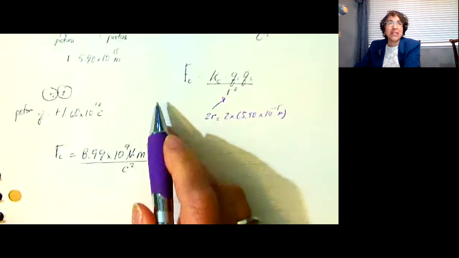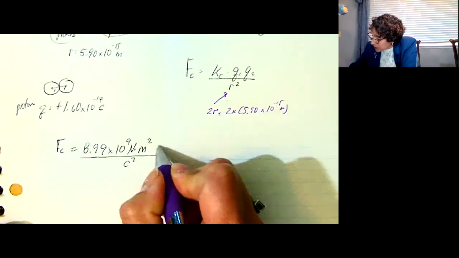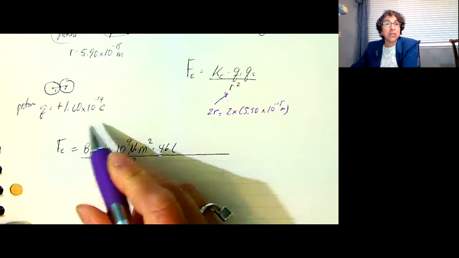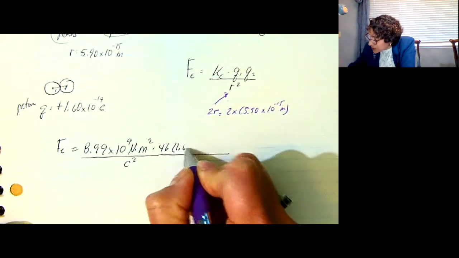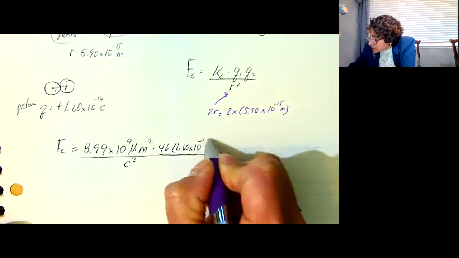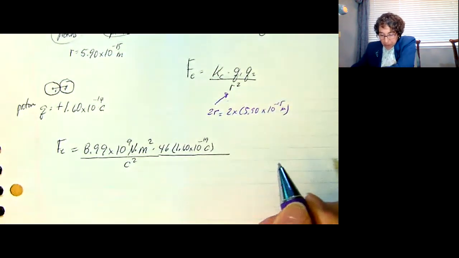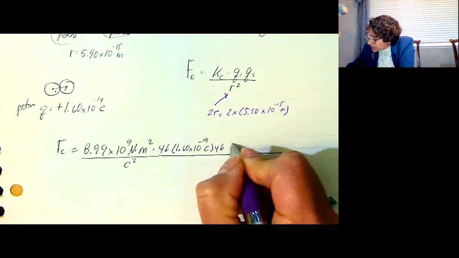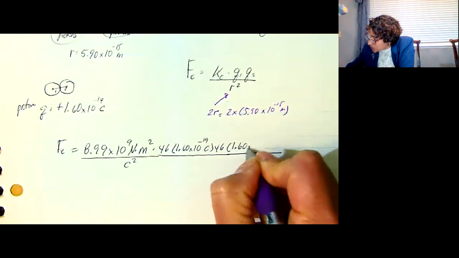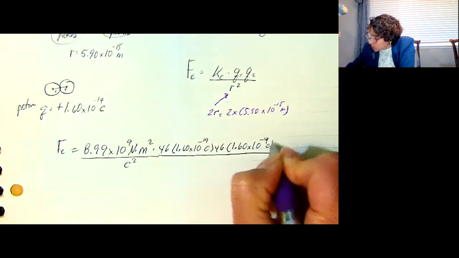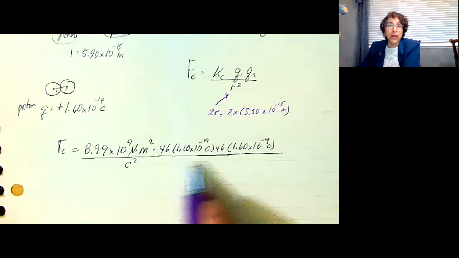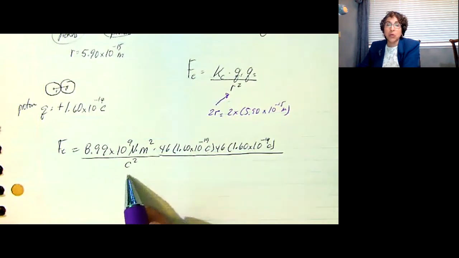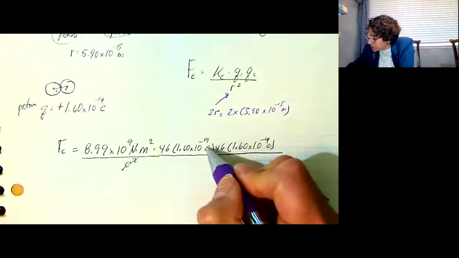Well, the first one is 46 of these guys, so I'm going to say times 46 times this Q, 1.60 times 10 to the negative 19 coulombs. And then the other one, which is also 46 times 1.60 times 10 to the negative 19 coulombs. There's our numerator. I notice right away that I've got a coulomb here and a coulomb here, and I have coulomb squared, so that gets rid of these coulombs.